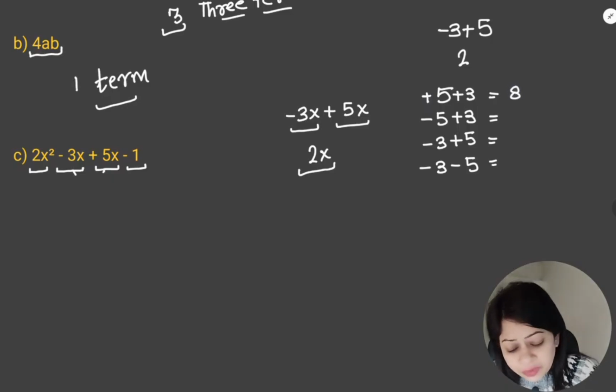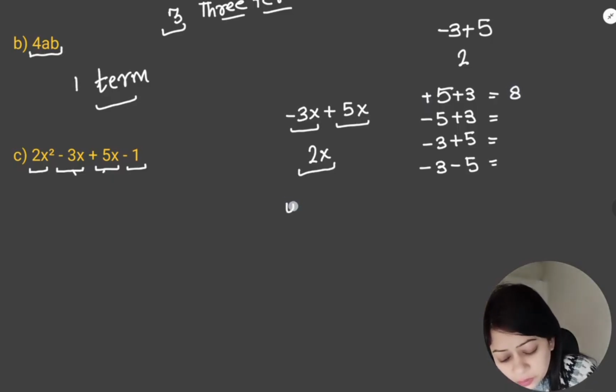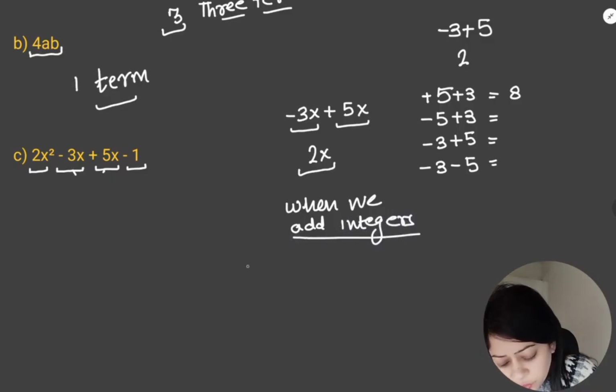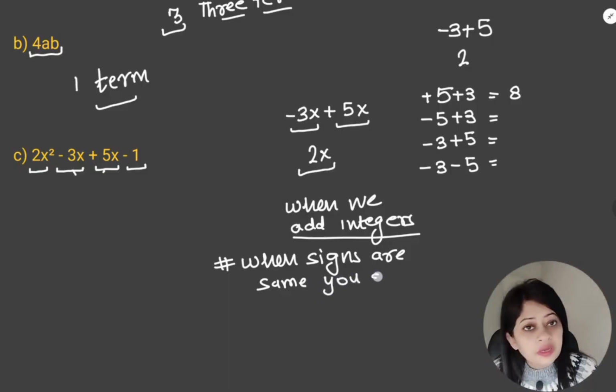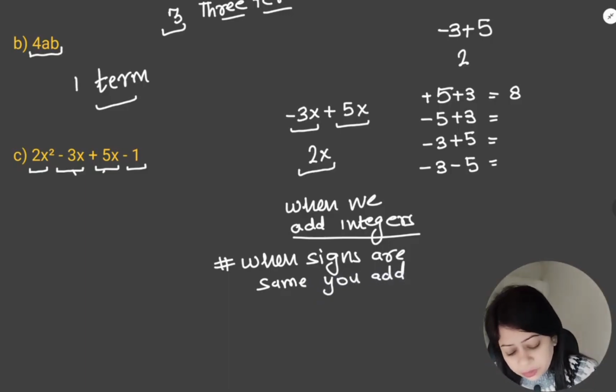And now when we add or subtract integers, what do you do? I will write two rules here. When signs are the same, you add, okay, and put that sign only.